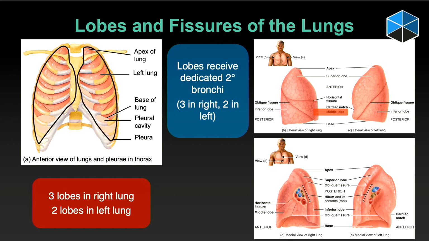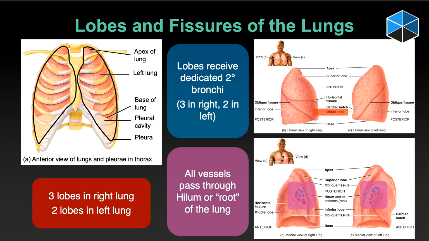Other defining structures of the lungs, not that these are very different, but if we look at the medial view, the portion abutting the mediastinum within the thoracic cavity, you'll notice a special structure on both lungs called the hilum, or the root of the lungs. And this is a special structure that allows passage of all vessels.